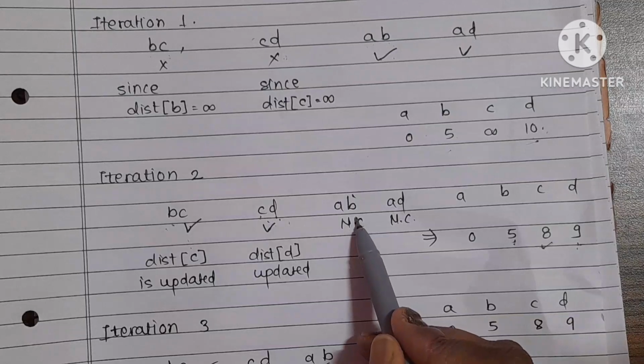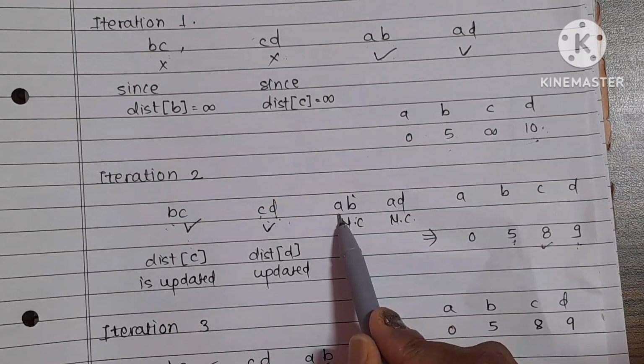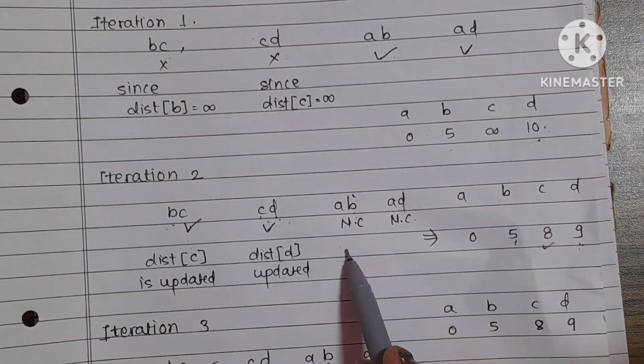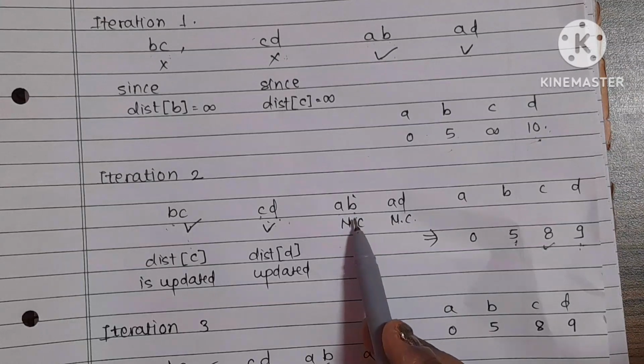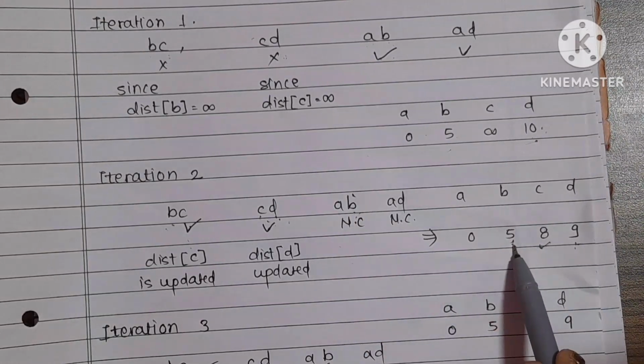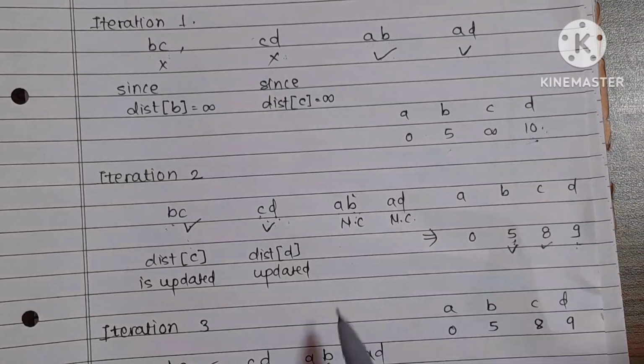Considering the third edge AB, the distance of A is 0, plus the cost of AB which is 5. The newly calculated distance of B is 5, so it matches the previous value and no change occurs here.